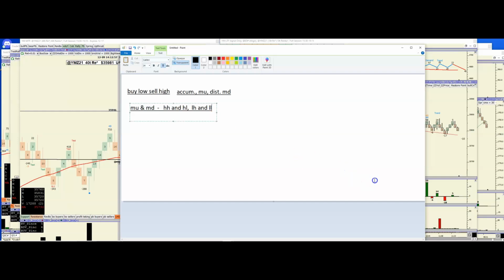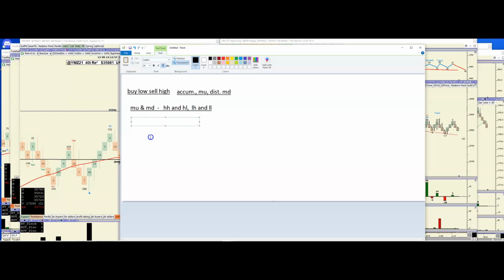This is the general rule. Now, the question I'm going to pose is, if you say trend is higher high, higher lows, and trend is markup and markdown, and markup and markdown are part of a cycle of accumulation, markup, distribution, and markdown, then tell me this.